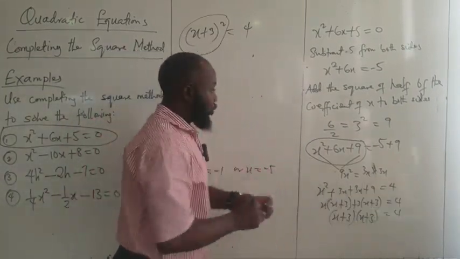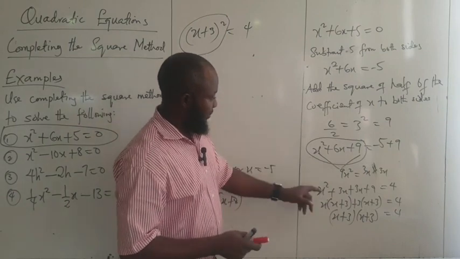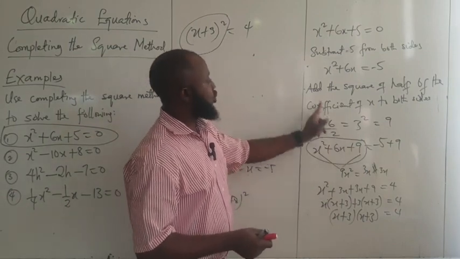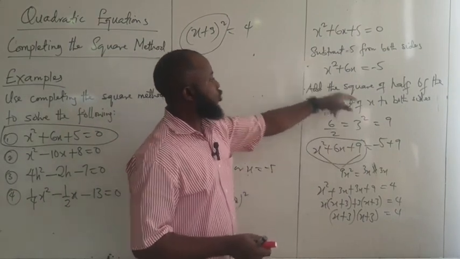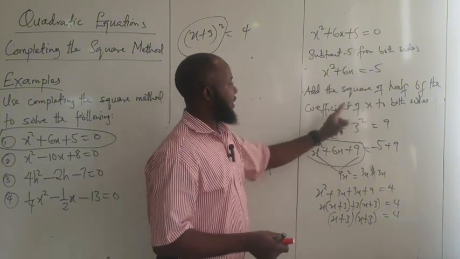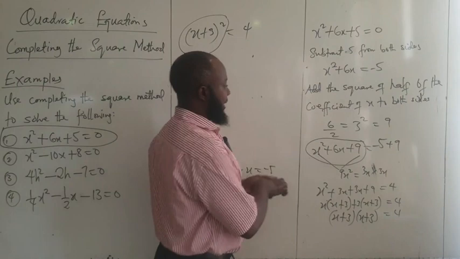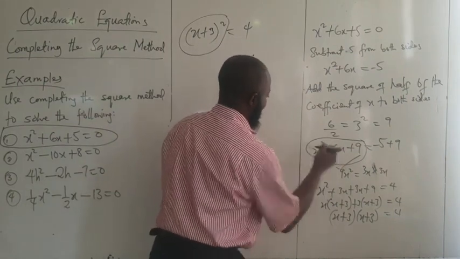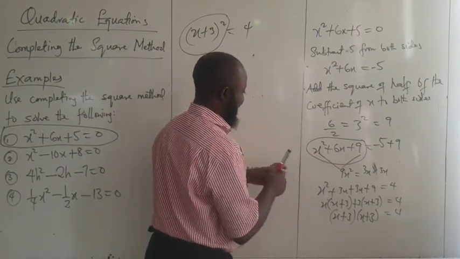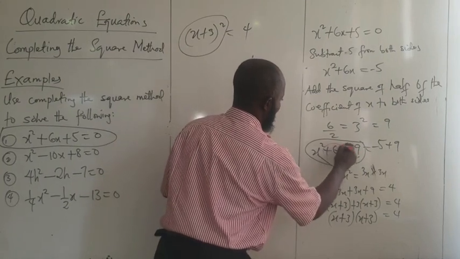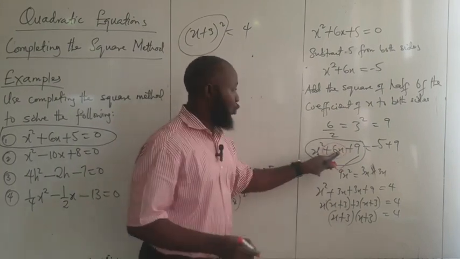So the shortcut to it is this. There is no need for you, once you have added the square of half of the coefficient of x to both sides, to work this out, because the middle term, when factorized, will not show again.